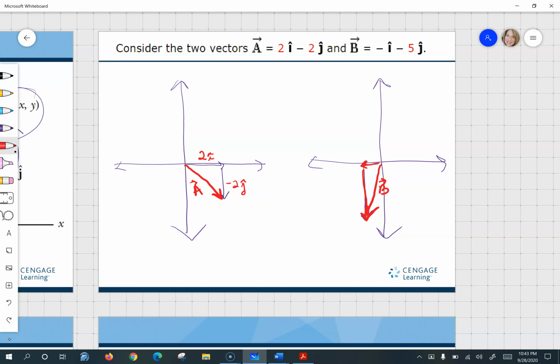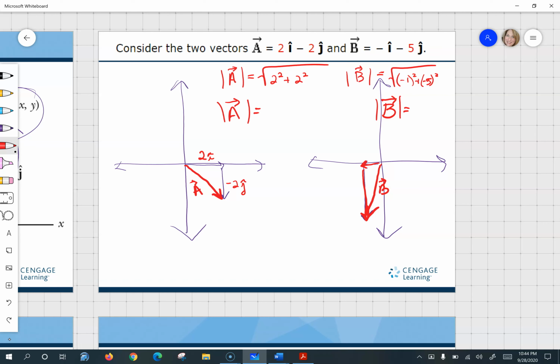You can find the length of vector A and vector B, and you can find the angle. You have everything right here, so you could say, you know what? The magnitude of vector A is going to be 2 squared plus 2 squared, square rooted. The magnitude of B is equal to the square root of negative 1 squared plus negative 5 squared. And you can do that calculation real quick.